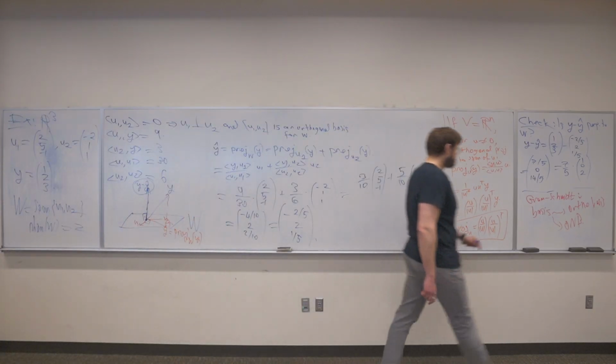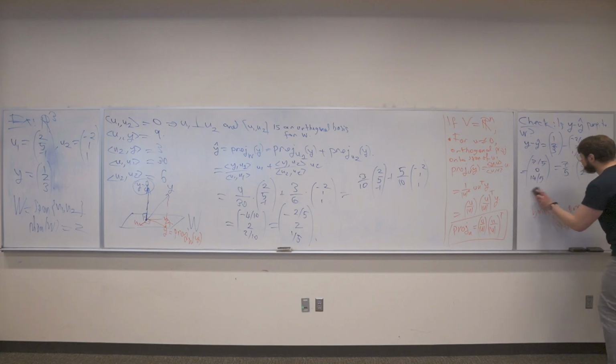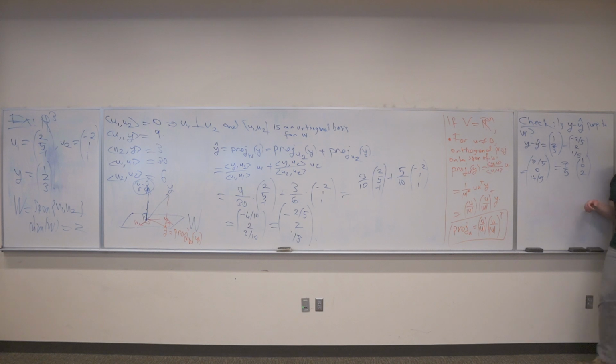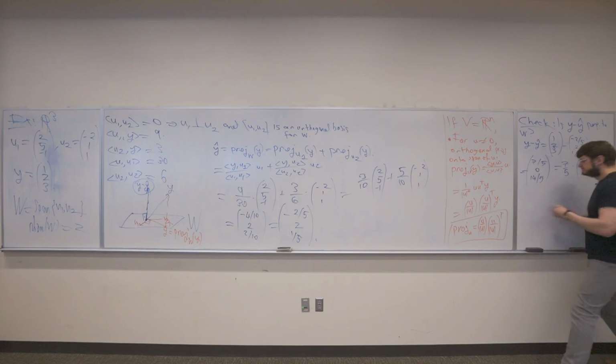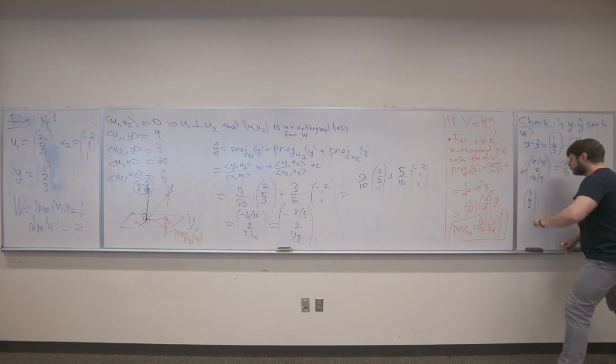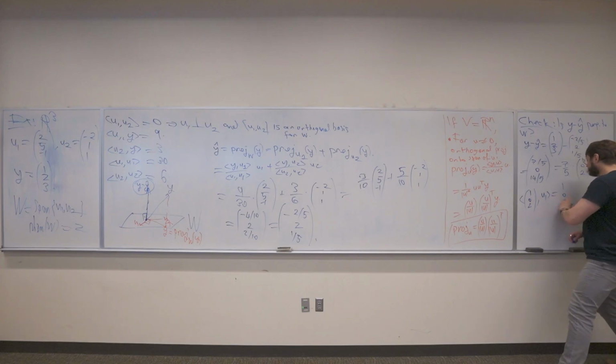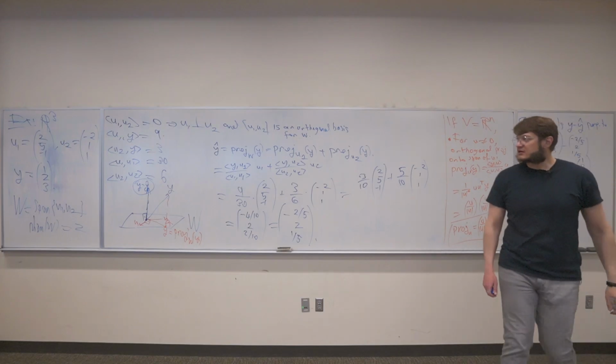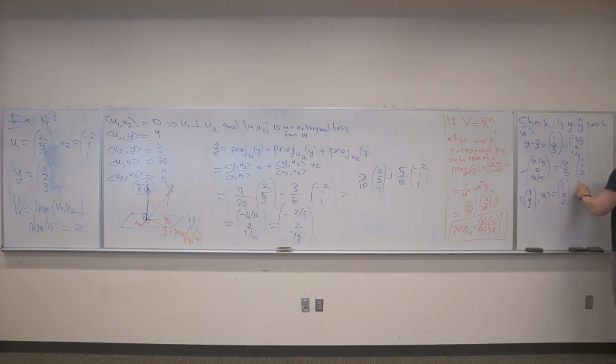I think I'm going to erase this Gram-Schmidt, because we're not going to discuss it for now. So you see, instead of using this, you can just get rid of the scalar, because this scalar is not going to matter for the purposes of calculating orthogonality. So you can just check this. (1, 0, 2) against u1, which is (2, 5, minus 1): 2, 0, minus 2, that's 0.